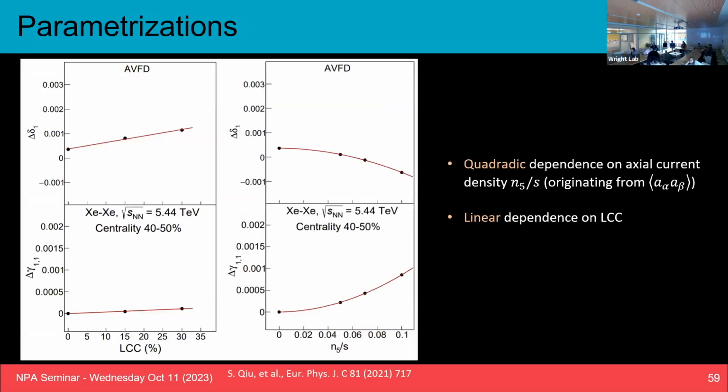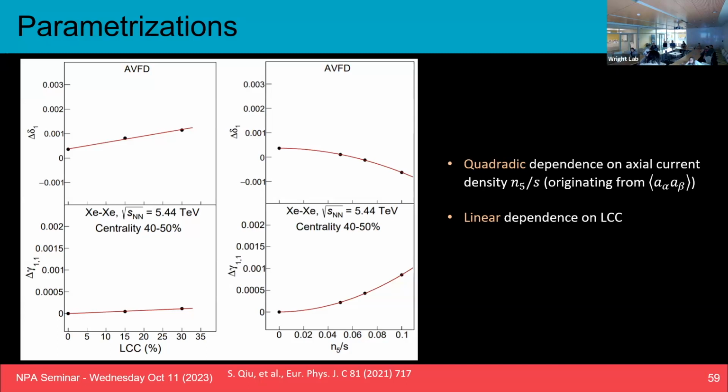With this kind of relationship, you can parameterize this is the background, and this is the signal. You plot this dependence for both the delta gamma and delta correlator, and you see a quadratic dependence on the signal, but a linear dependence on the background.